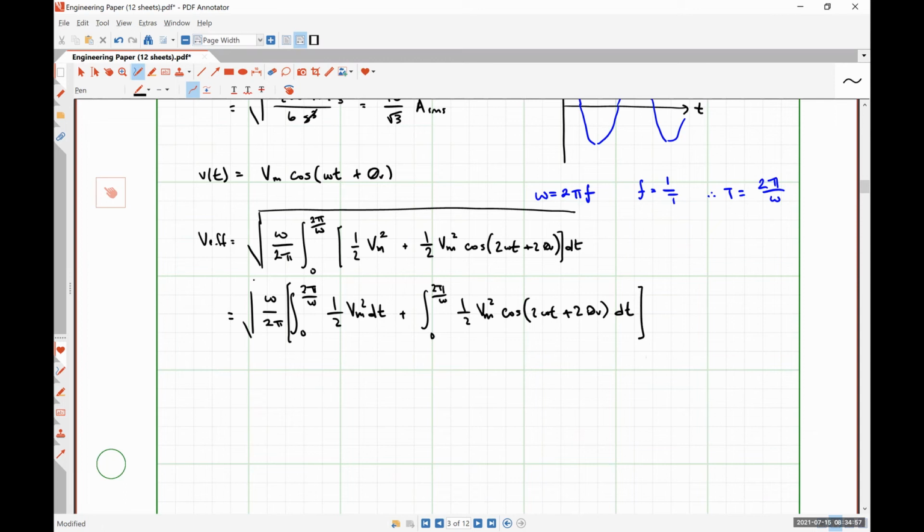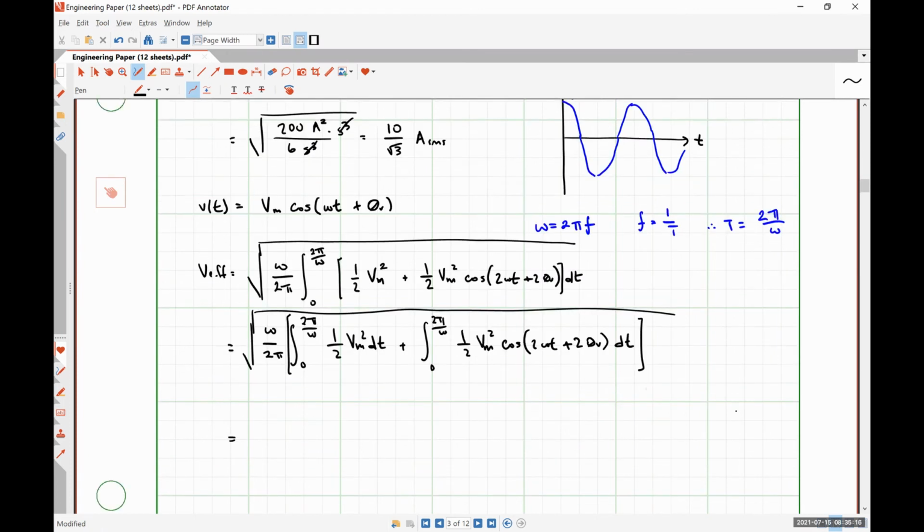Close my brackets here, and make sure my square root sign goes over this whole thing. So let's look at the integral involving the cosine function first.